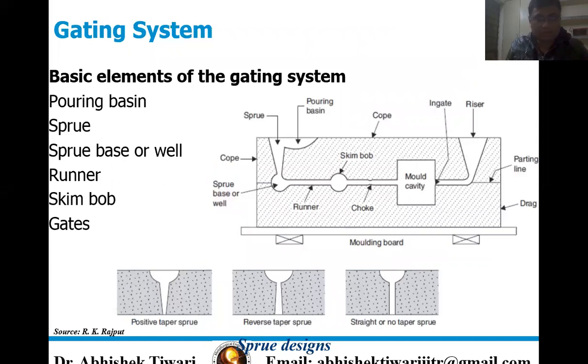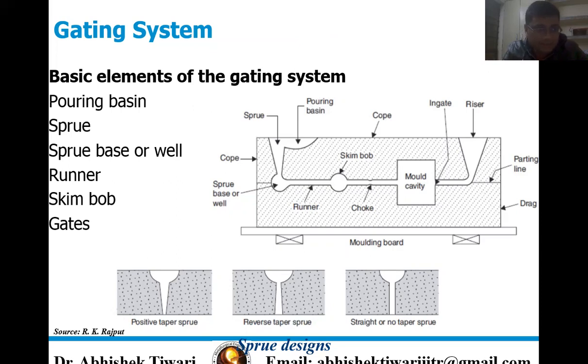Now the basic elements of the gating system, as I discussed in the previous slide, are the pouring basin, sprue, sprue base or well, runner, skim bob, and gates. In the pouring basin, molten metal from the ladle is poured, from where it moves into the sprue and through the runner to other areas.